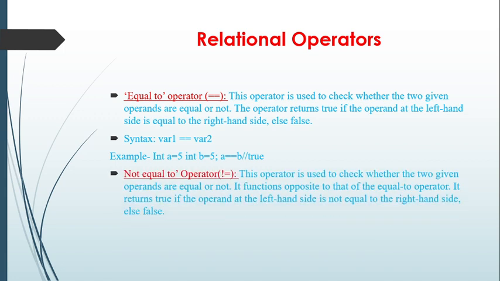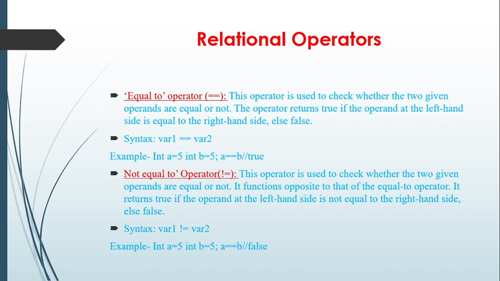Next is not equals to. This operator is used to check whether the two given operands are equal or not. It functions opposite to that of the equals to operator. It returns true if the operand on the left hand side is not equal to the right hand side, else false. Hence, the not equals to operator is totally opposite to the equal to operator, and its syntax is variable 1 not equals variable 2.